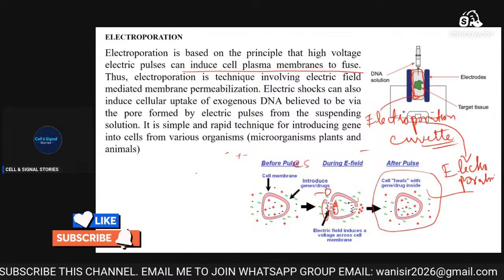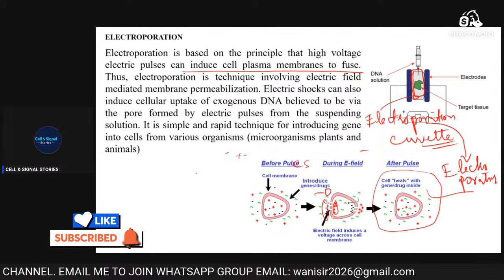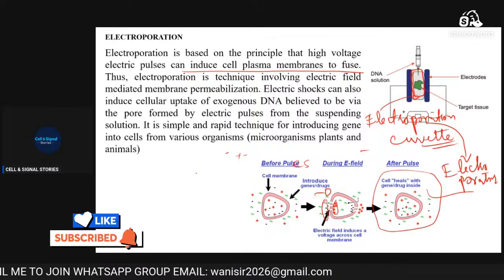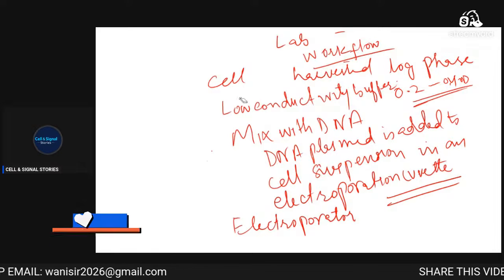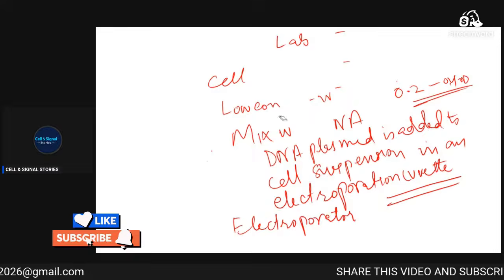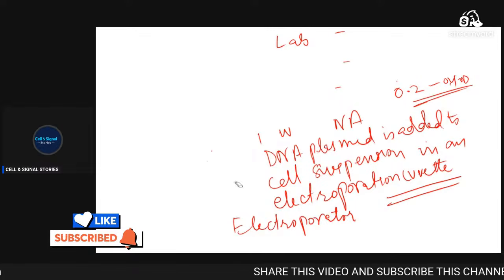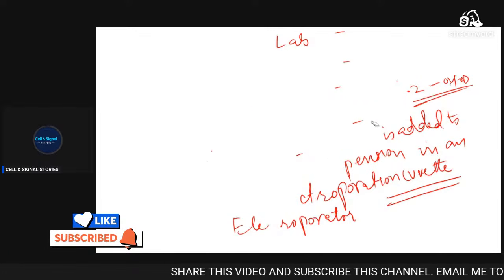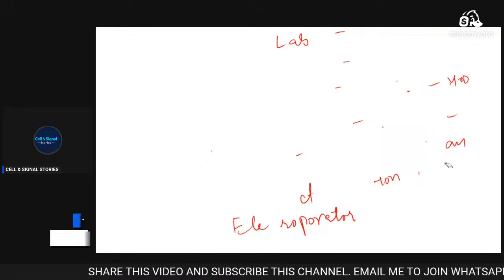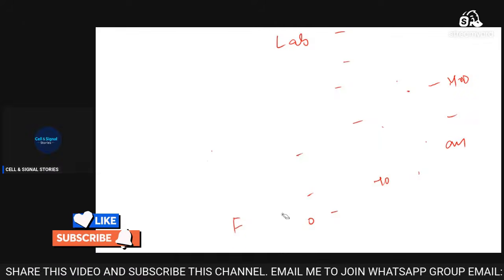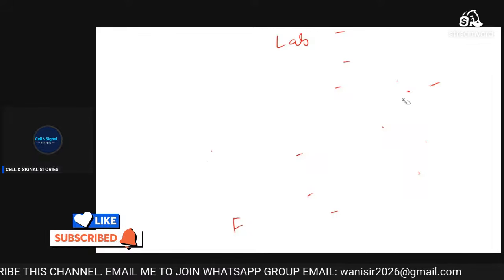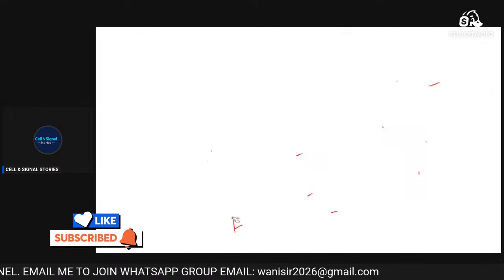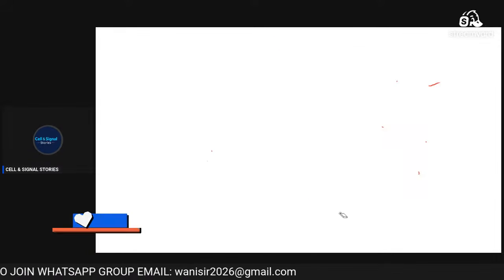This is the electroporator. It's very easy to explain: we take cells from the log phase of the culture, put them into the cuvette, and add the DNA. Then we apply voltage through the electroporator, with the cells sitting inside the cuvette between the electrodes.